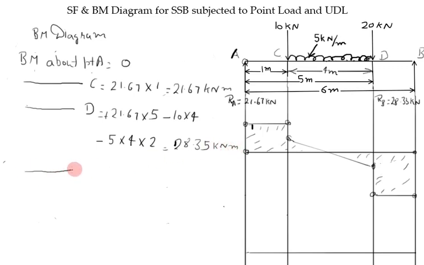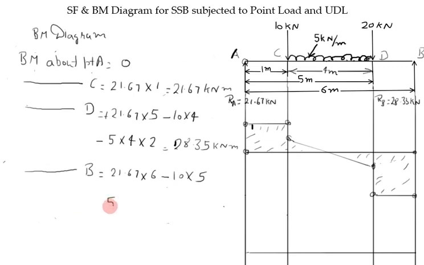Now last point is point B. So bending moment about point B. On the left side of point B, first force is 21.67, which is at a distance of 6 meter. It tends to rotate the beam in clockwise direction. Next is 10 kilonewton, which is at a distance of 5 meter, anti-clockwise.